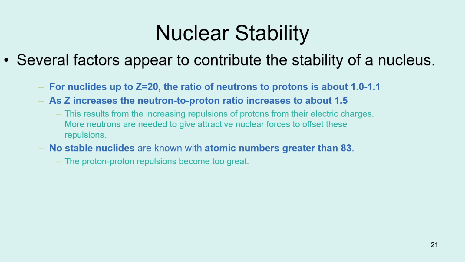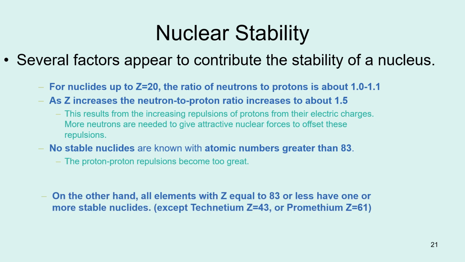And then finally, we don't have any stable nuclides with atomic numbers greater than 83. That's kind of funny because 82 was the magic number, but anyway, 83 can be stable, but anything above that is not stable. At that point, the proton to proton repulsions become too great.